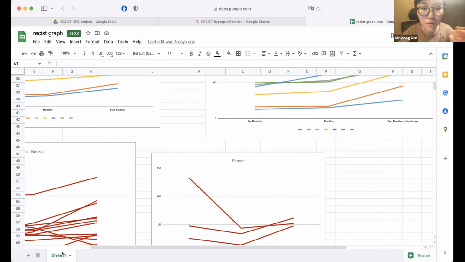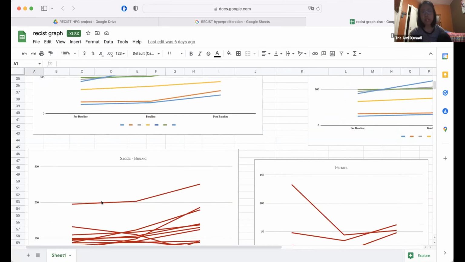So like this, the definition of progressive disease: even if the target lesions didn't grow, if you have a new lesion, it will be defined as progressive, like in RECIST 1.1. Right.